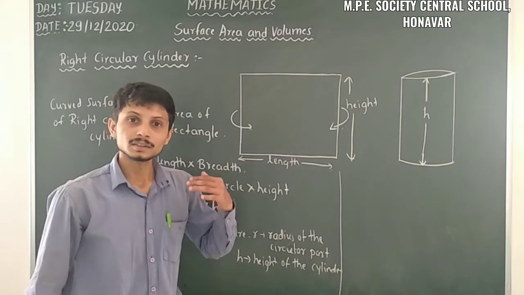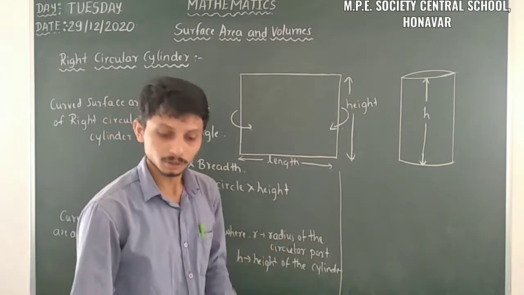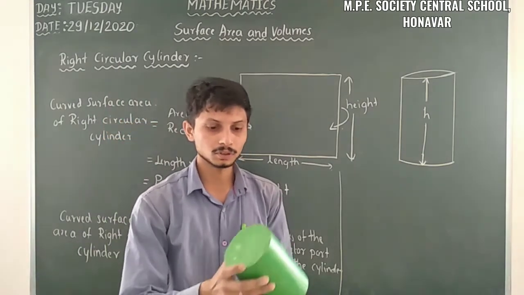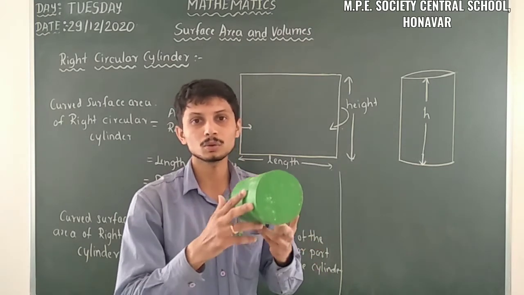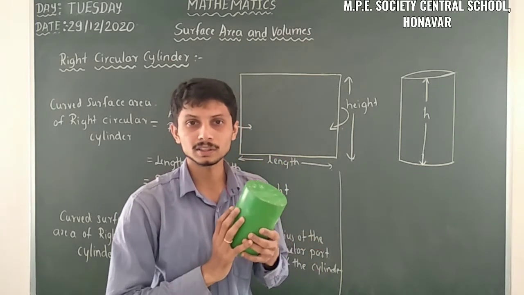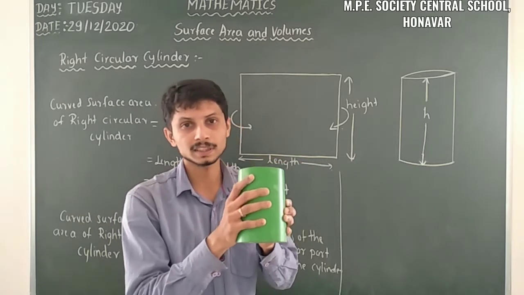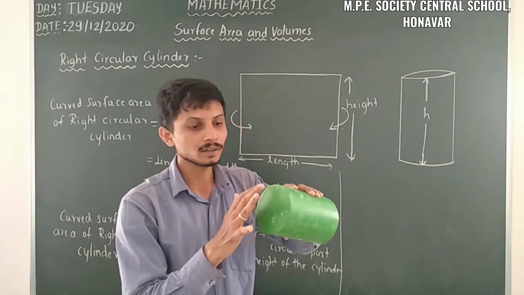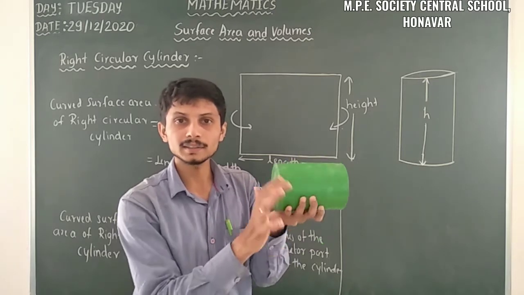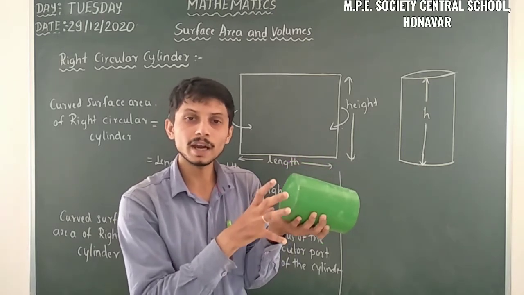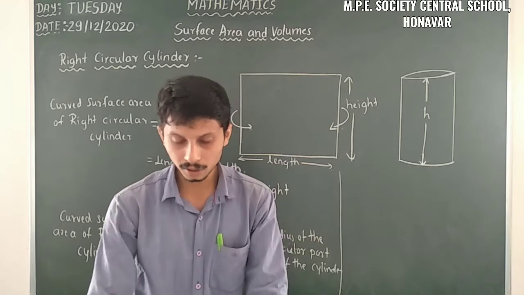So we have the curved surface area of the right circular cylinder. Sometimes we have to find the total surface area of the right circular cylinder. What do we have to do? We already know the curved surface area, so we have to add the top part and the bottom part.